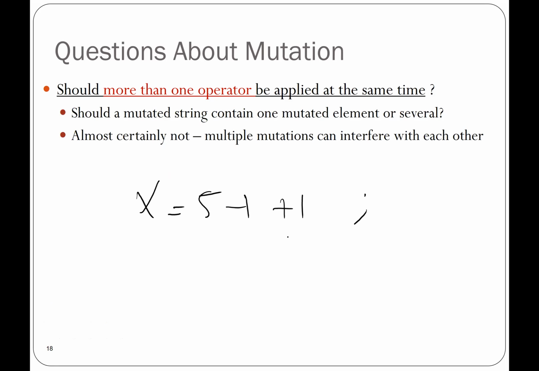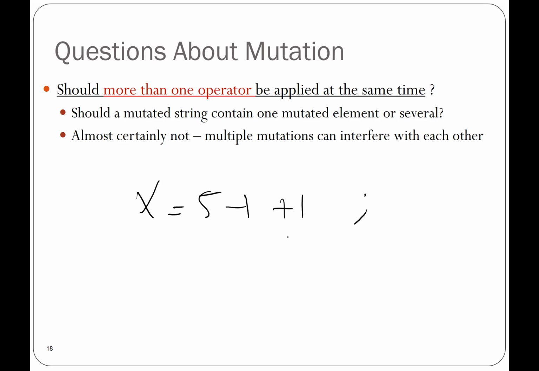Okay, and in general, you want to have one factor so that any observation that you see as a result, you know that it's attributed to this one and one only factor. All right, so that when you actually see a different output, you know it's because of that particular mutant.